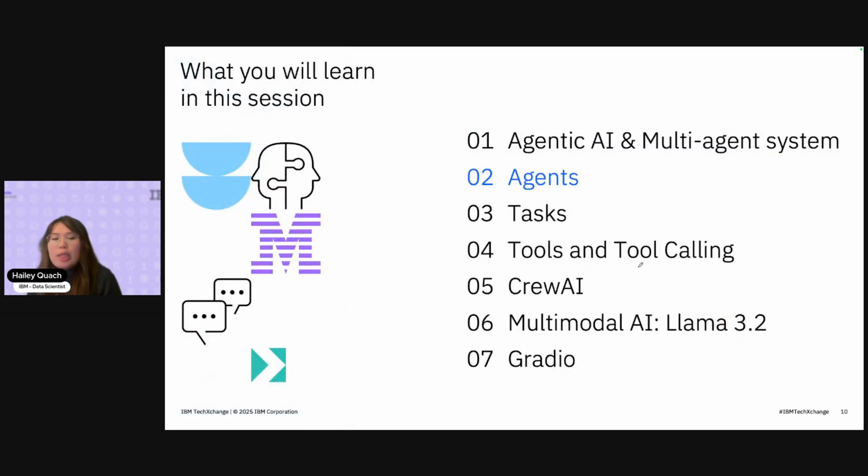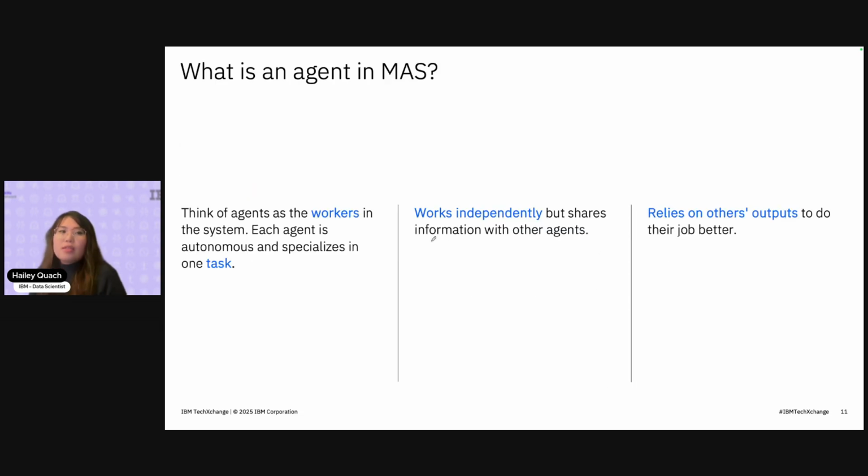So now that you understand the highest level of the concept behind the application, let's go a little bit deeper into each component of MAS. We are going to start with the first component, which is the agent in MAS. You can think of an agent as the worker in the system.